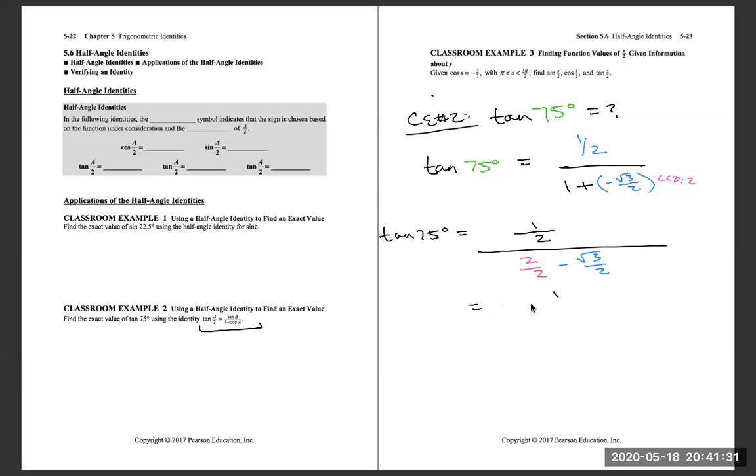That's equal to 1/2 divided by 2 minus root 3, divided by 2. Remember your denominator trick, or you can just write old school division now that you have a fraction divided by a fraction. The 2's cancel, and you have 1 over 2 minus root 3.